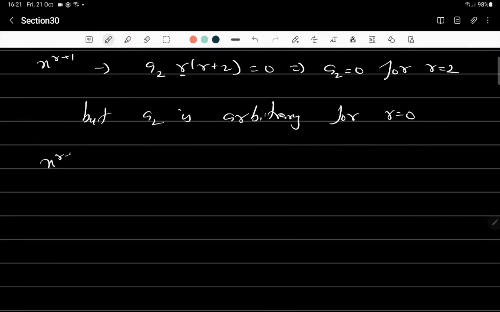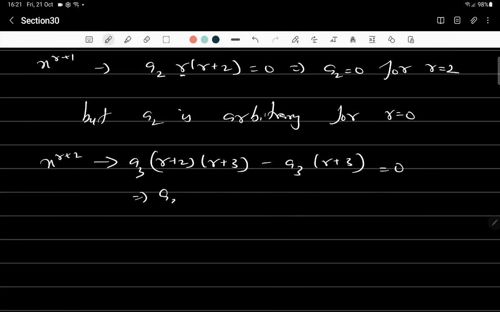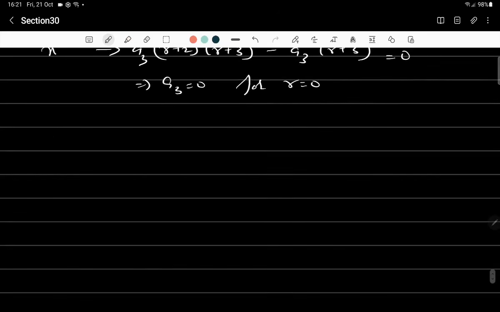Please do try it by yourself. So x^r gives you a1 (r + 1 - r + 1) is equal to 0. Yes, so for r equal to 0 and 2, a1 is 0, not a problem.